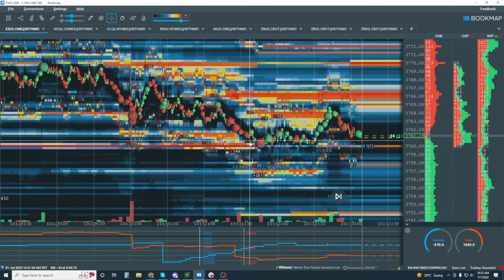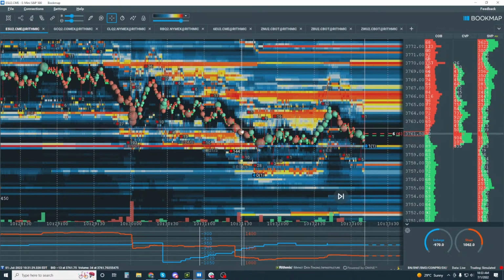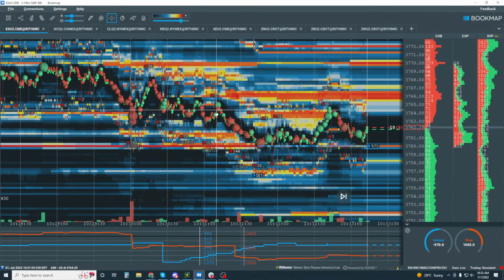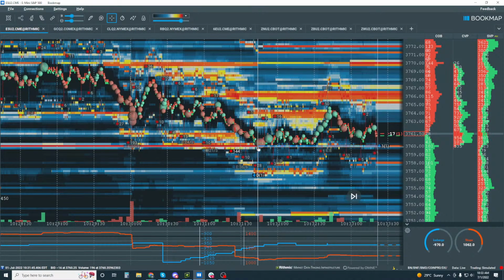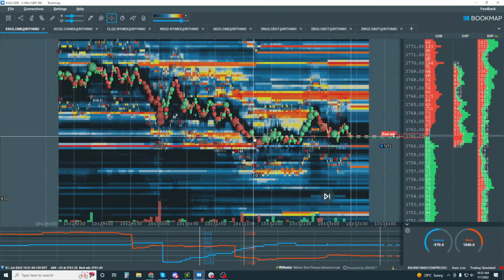And then you can hold for a runner. If you got in up in these areas in here, you might have gotten stopped out if you moved your stop to break even at that point. But you took some off here. It's really up to you how you want to manage it.